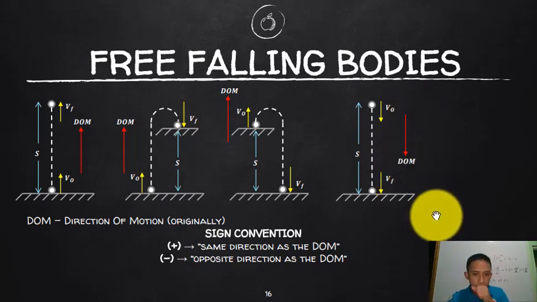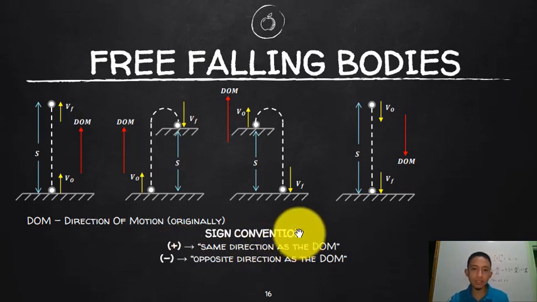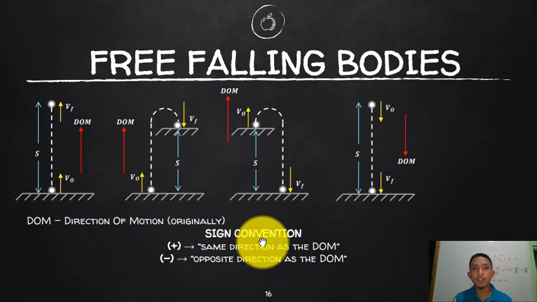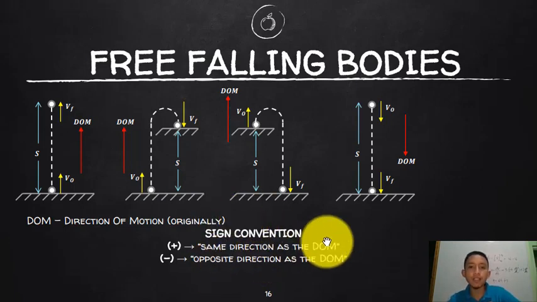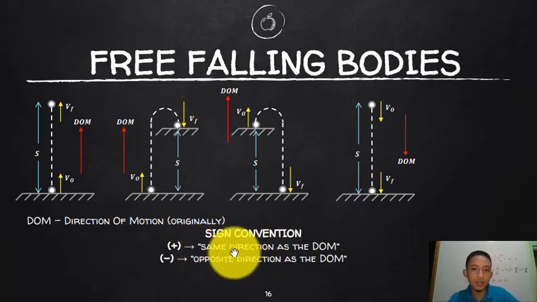Okay. So we need to follow a sign convention, so that you will know what is positive and negative, since we are referring here to velocities. What is velocity again? Velocity is a vector quantity, so there should be a direction, and we will define that direction by the sign, positive or negative. Any parameter of your equation that goes in the same direction as your DOM, your direction of motion, will be positive.